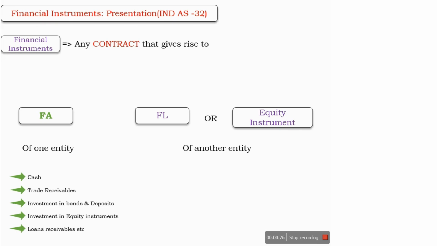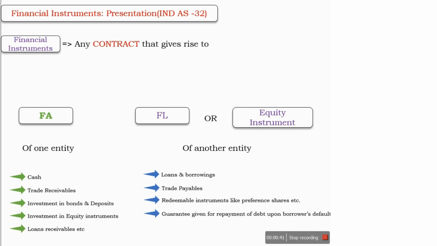So one entity will have the financial assets and another entity will have either the financial liability or equity instrument. A financial liability may be in the form of loans and borrowings, trade payables, redeemable instruments like preference shares, etc., or a guarantee given for repayment of debt upon the borrower's default.